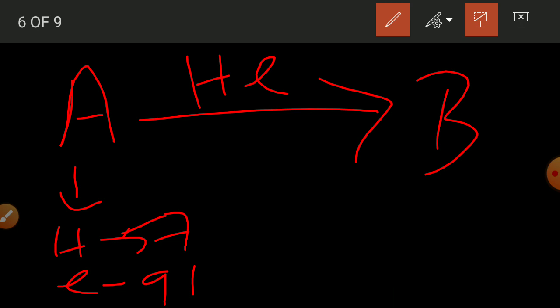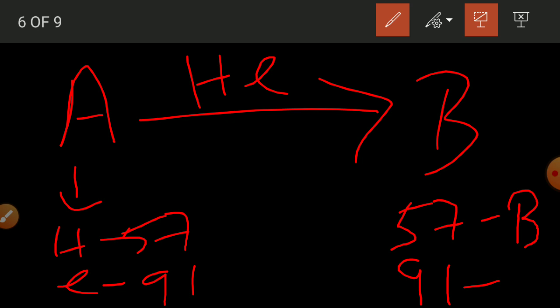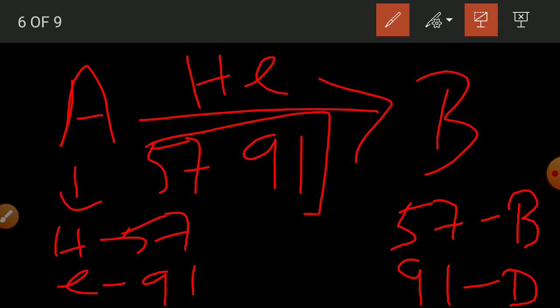If user B has defined his own set of rules, let's say user B has defined that 57 means B, and 91 means D. So the message which went from A to B was 5791 in the binary form.